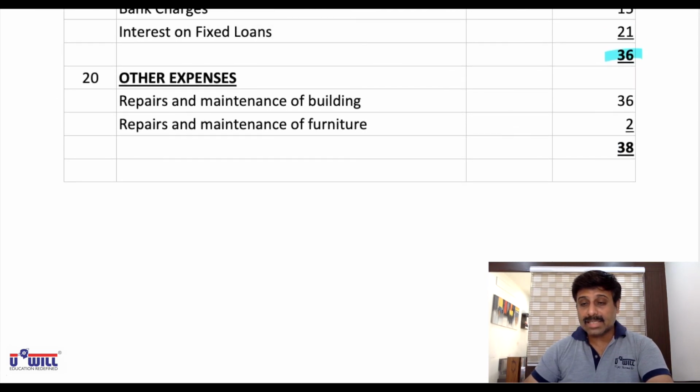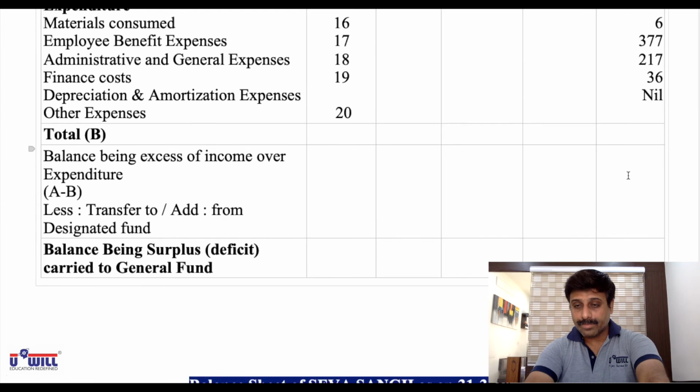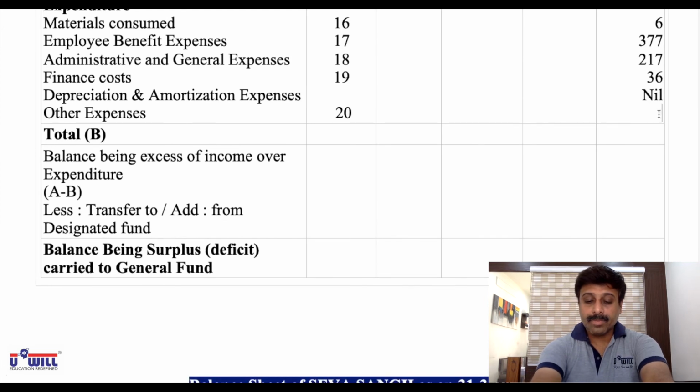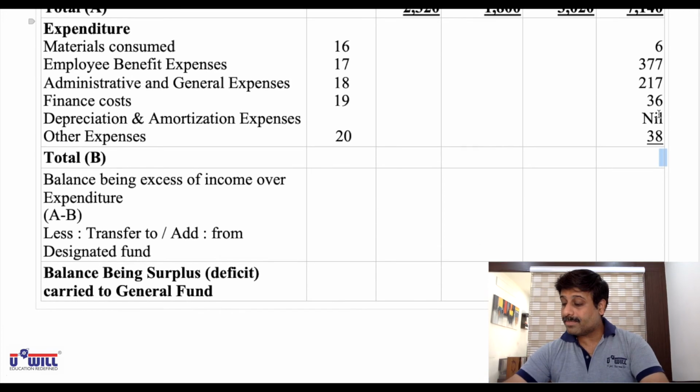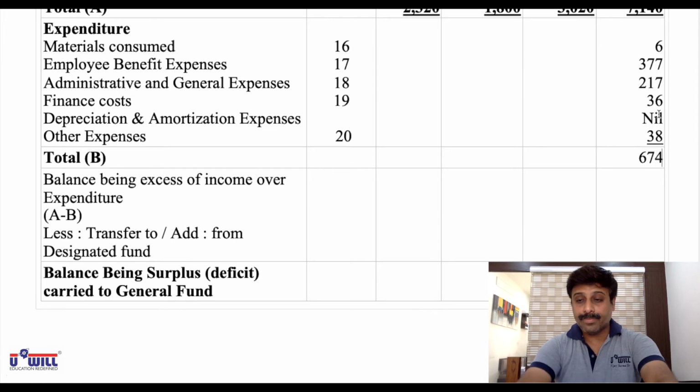Other expenses last item are 38. Now total can be done. That is 6 plus 377 plus 217 plus 36 plus 38. That comes to 674.